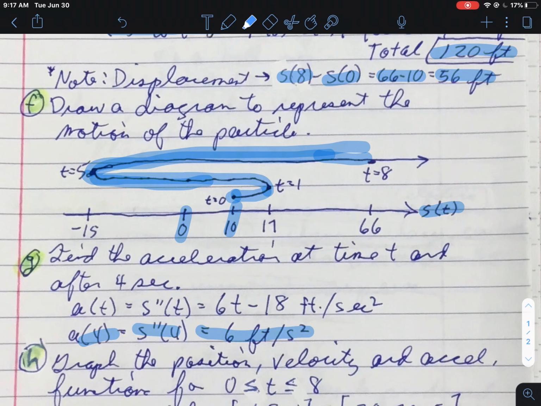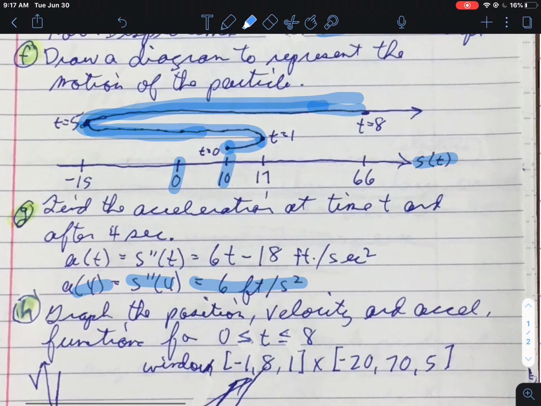You think of positive acceleration as speeding up, you think of negative acceleration as slowing down. It may not absolutely mean that. Okay? So like I said, when we look at these next couple of parts, we'll maybe have a little discussion on that. But regardless, here I get a positive acceleration, 6 feet per second squared.